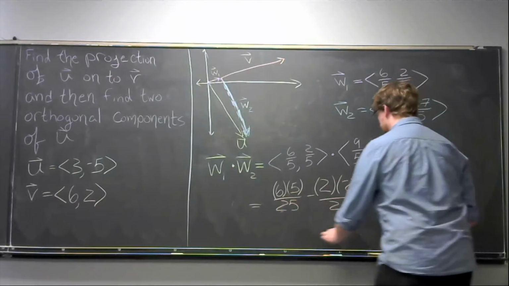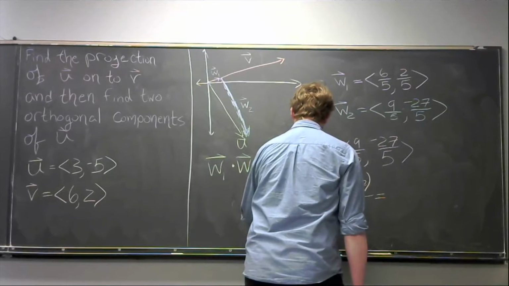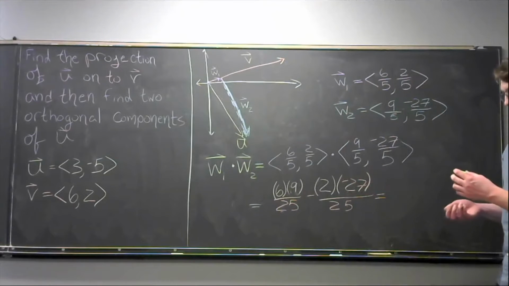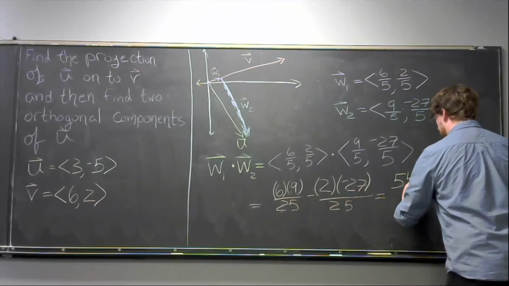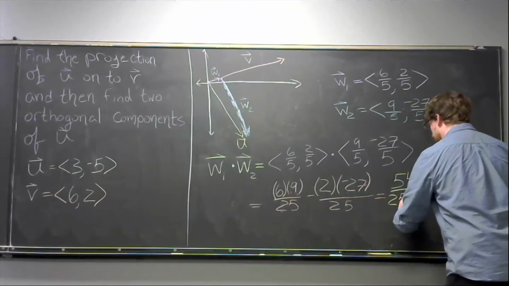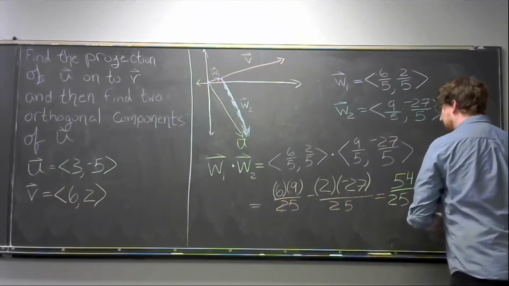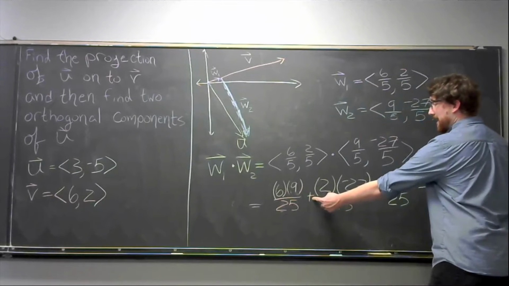My mistake, I meant to say 6 times 9. Well, 6 times 9 is going to be 54 over 25 minus 2 times negative 27. Again, my mistake. This is supposed to be addition.